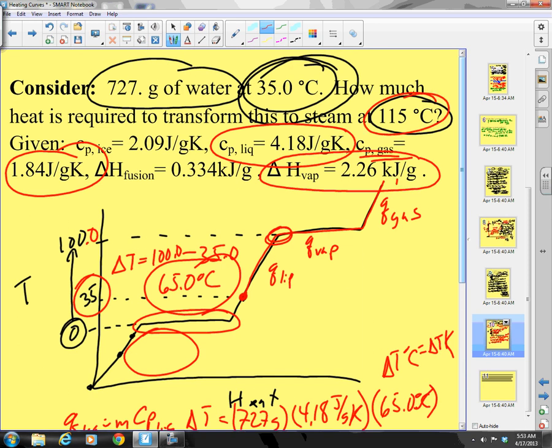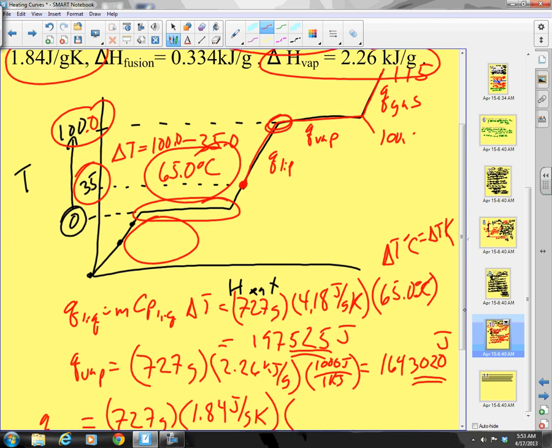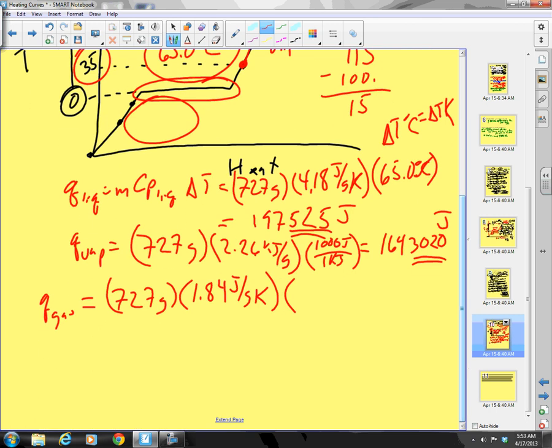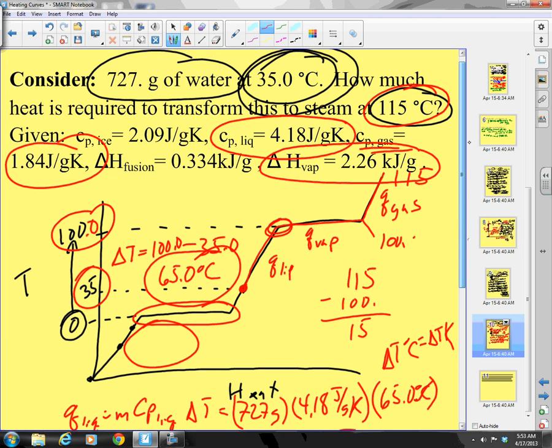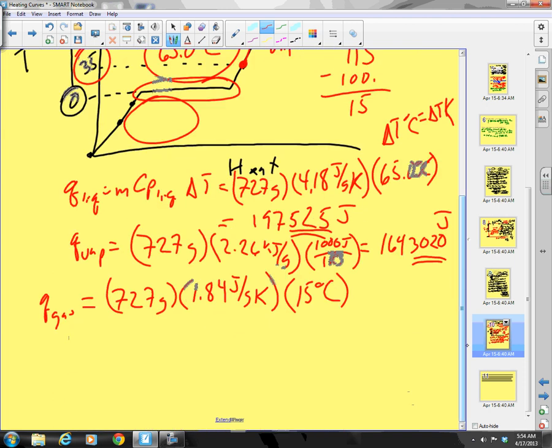So that's 115 minus 100, and that looks like 15. So I get 15 degrees Celsius. That's my delta T, and it looks like I only have two sig figs there. 727 times 1.84 times 15. Do I get it? Sure do.